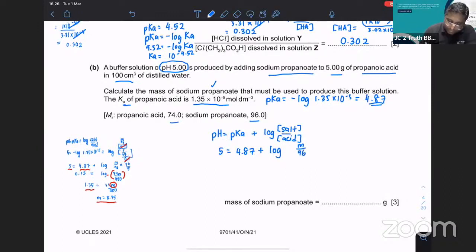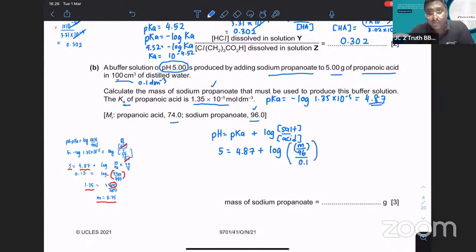That is the number of moles only. The volume is 100 cm cube, so I use 0.1 dm cube. So I divide by 0.1. That is going to be the concentration of my salt.